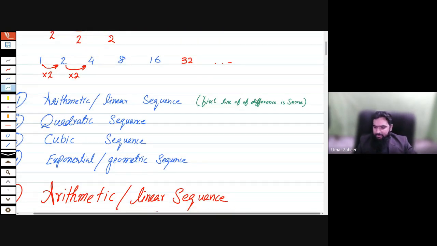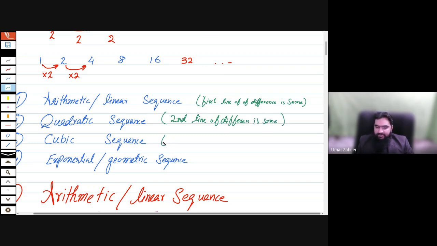When we talk about the arithmetic sequence, basically the first line of difference is the same. In the quadratic sequence, the second line of difference is the same.